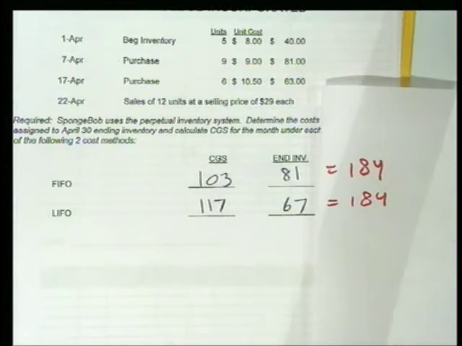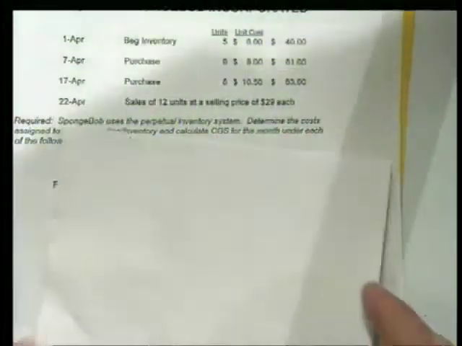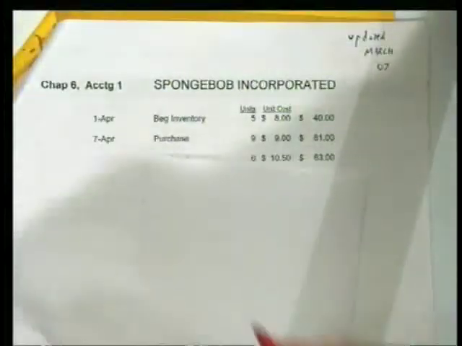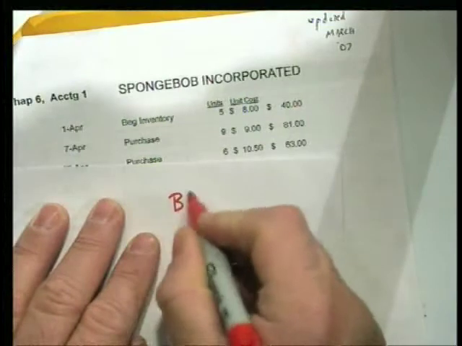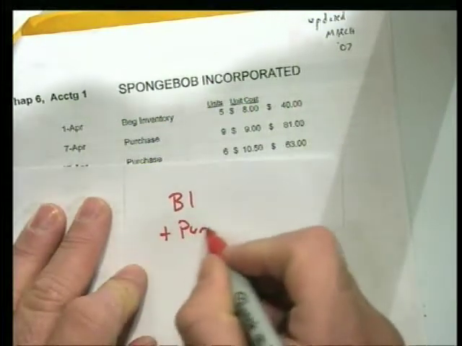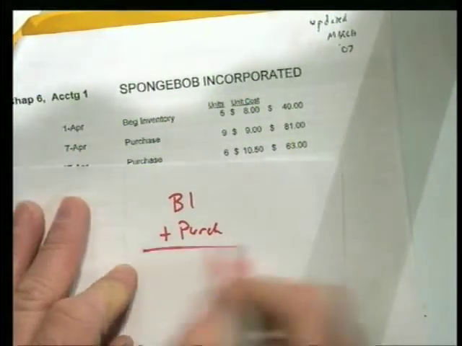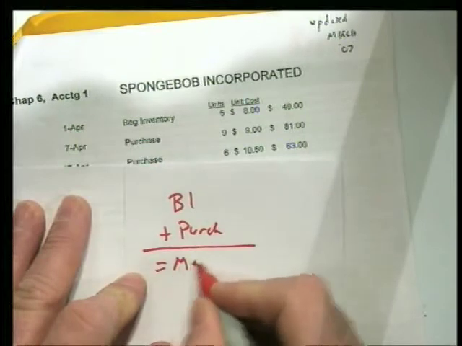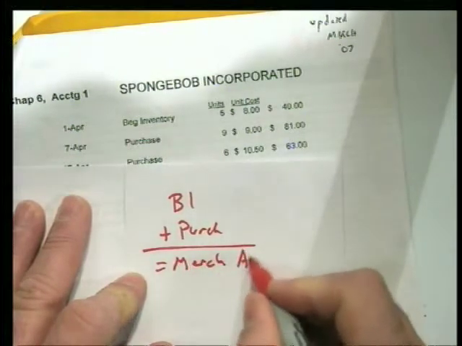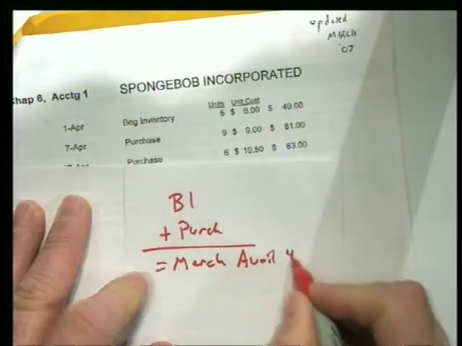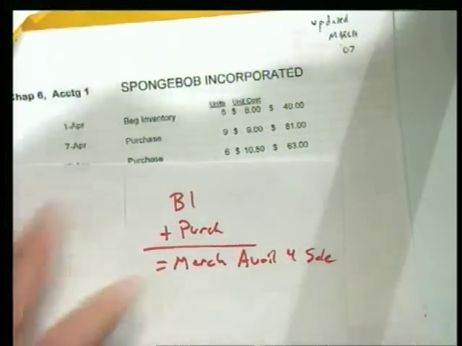The reason that happens, if you care, goes back to that original equation that we learned that said beginning inventory plus purchases equals merchandise available for sale. Okay?